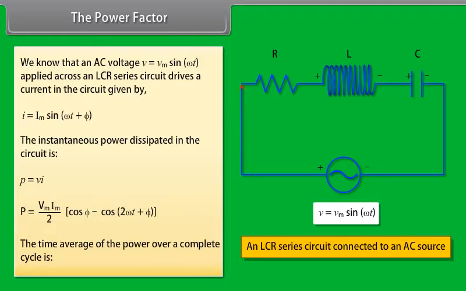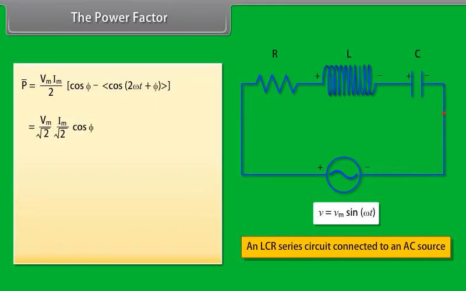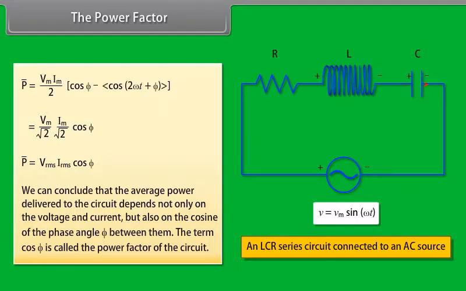The power factor. We know that an AC voltage V equal to Vm sin omega t applied across an LCR series circuit drives a current in the circuit given by I equal to Im sin (omega t plus phi).